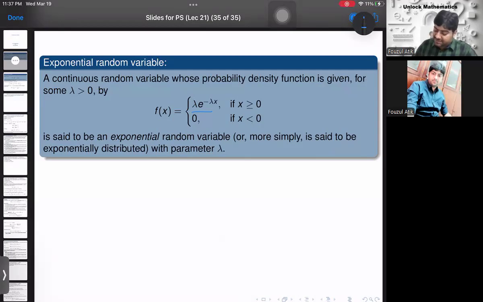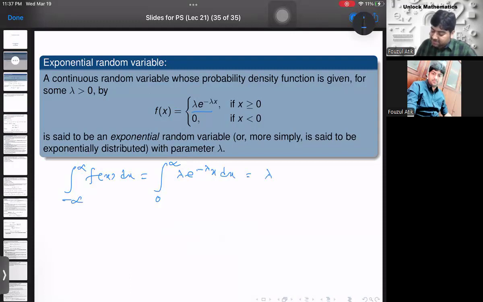And we can easily verify that it is a positive function, and its total probability is actually 1. So, the integral from minus infinity to infinity of f(x) dx, what is this value? We can easily see that. It takes values from 0 onwards, so it is the integral from 0 to infinity of lambda e to the power minus lambda x dx.